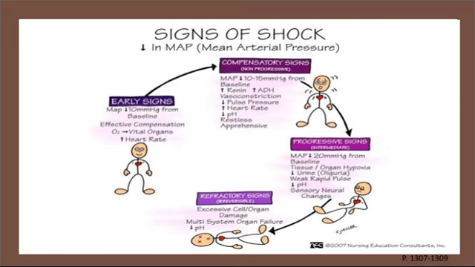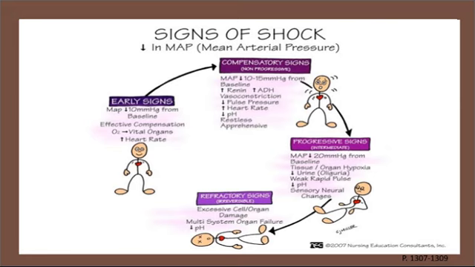It says, wow, I need to hang on to fluid. I need to constrict things. So your pulse pressure is going down. Do you remember your pulse pressure is the difference between your systolic and diastolic?